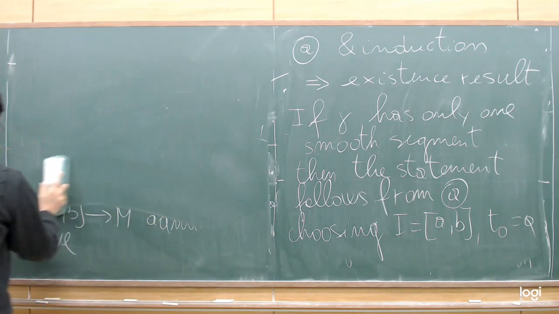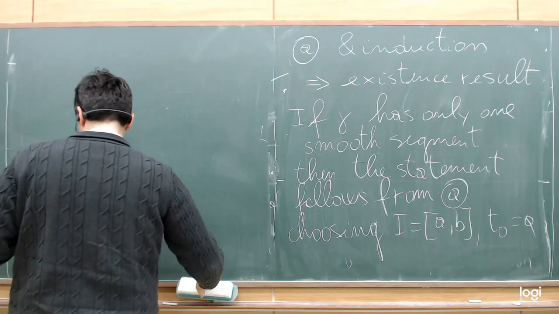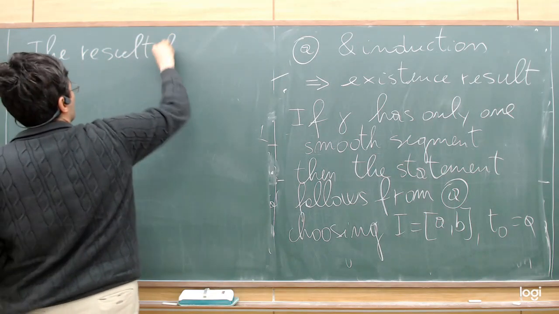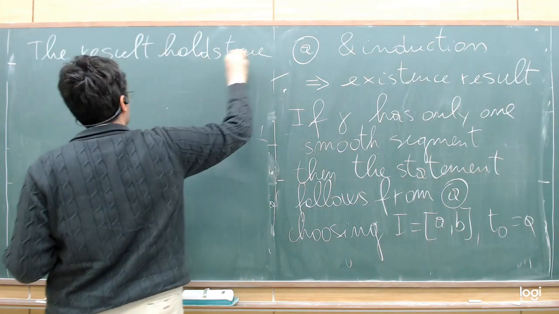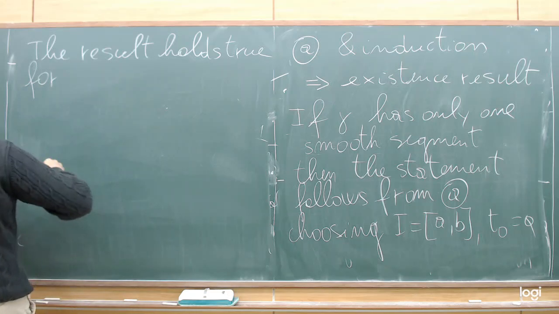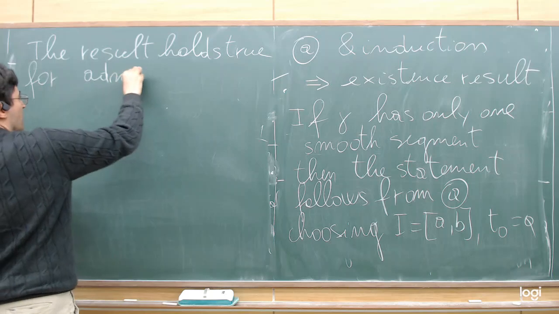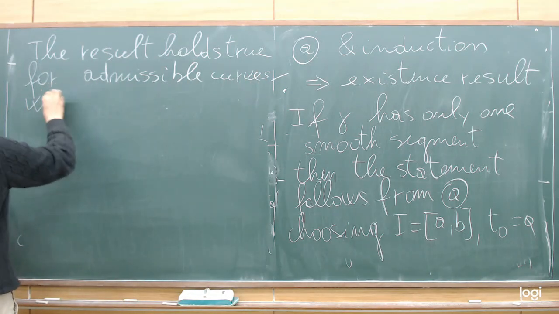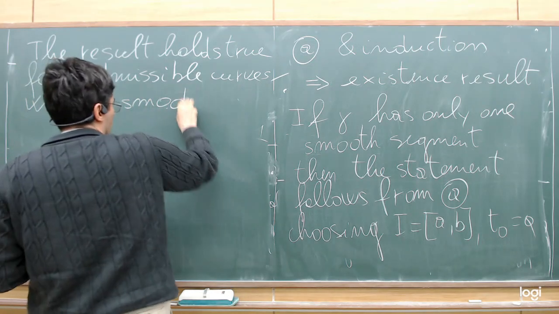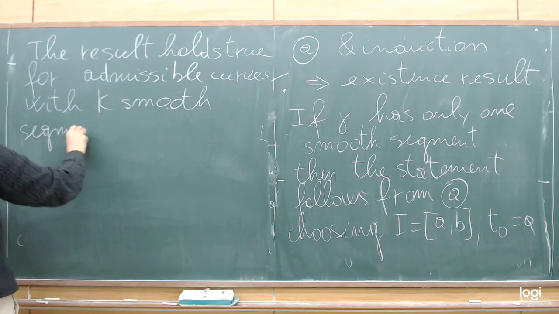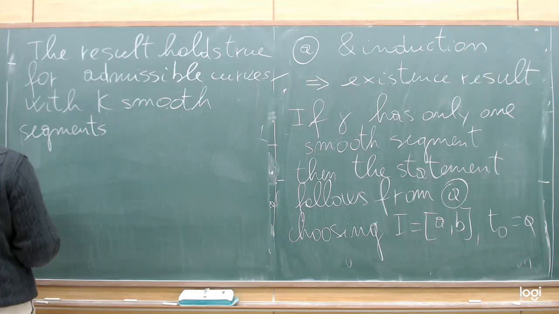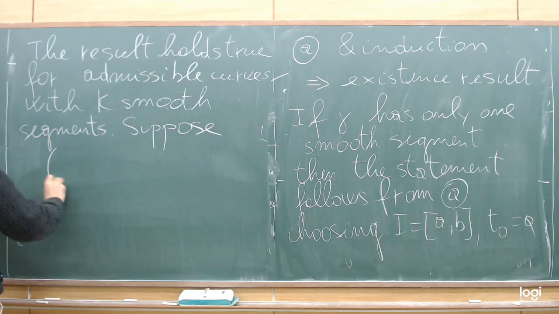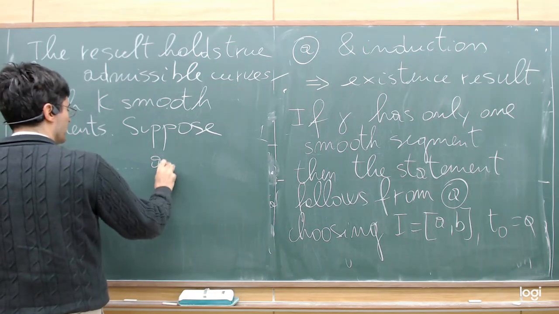Now let's suppose that the result holds true for admissible curves with k smooth segments, and suppose that gamma has the partition a0, a1, up to a k plus 1.